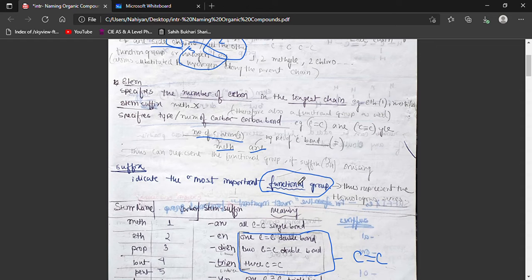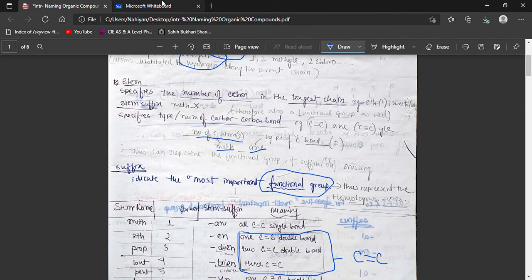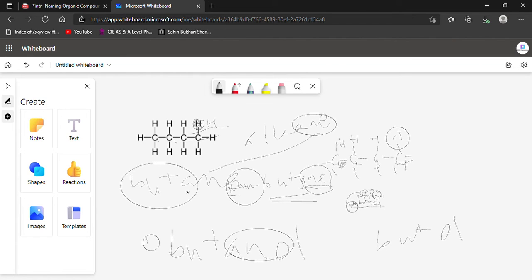When you have something other than an alkane or alkene, like an alcohol, you still have to repeat the same thing, ane. So it's butanol because it has single bonds and all.